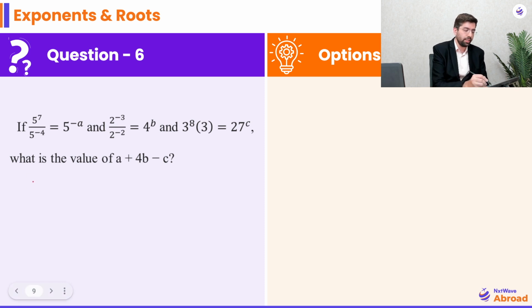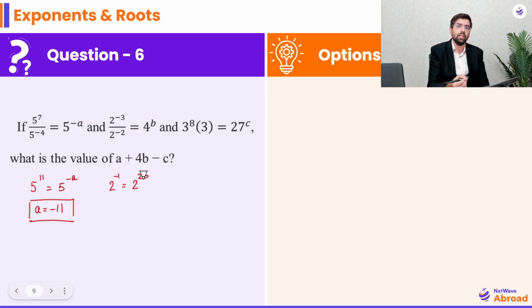It says 5 raised to power 7 plus 5, that is 5 raised to power 11 is equal to 5 raised to power minus 8. We can say that a would be equal to minus 11 by comparing the powers as the bases are same. In the next one, 2 raised to minus 3 minus minus 2, that means minus 3 plus 2. So 2 raised to minus 1 is equal to 2 raised to power 2b.